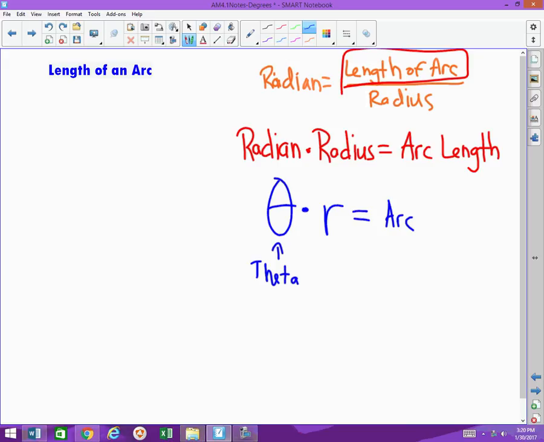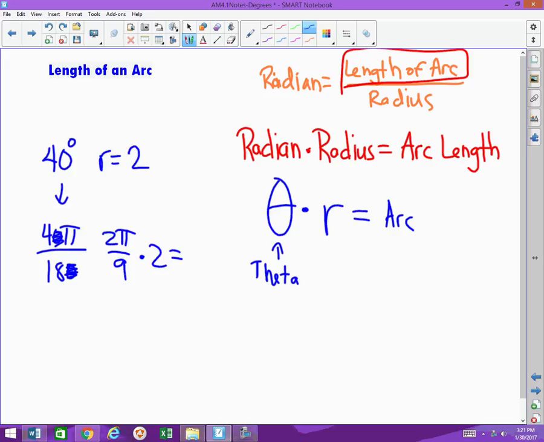Now, if you do not have the radian measure of the angle, if you have a degree measure, say you have a 40-degree angle, and you know that the radius is 2, well, you can convert this to radians, which would be 40 pi over 180, and then the zeros cross out, and 4 goes into 18, 2 goes into that, so it's 2 pi over 9 times 2, which turns into 4 pi over 9.